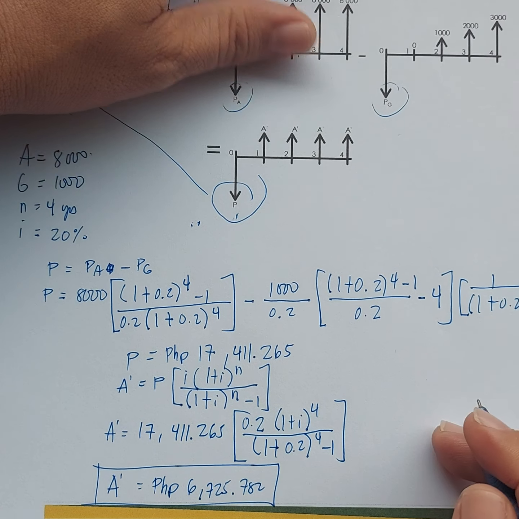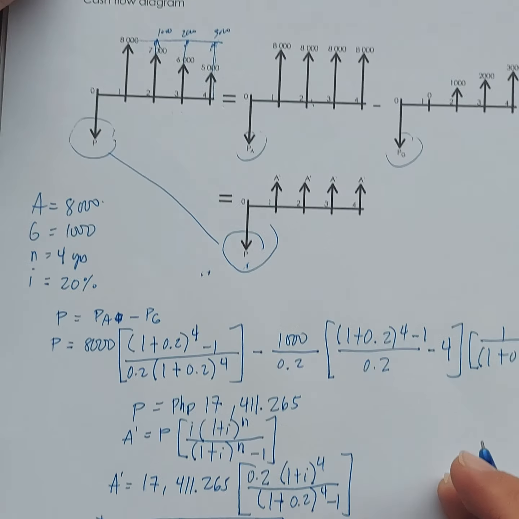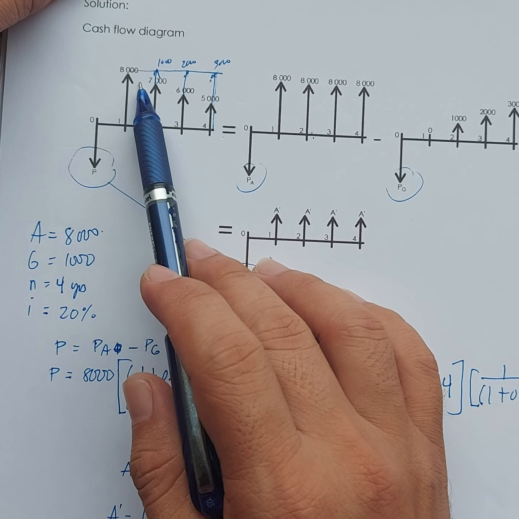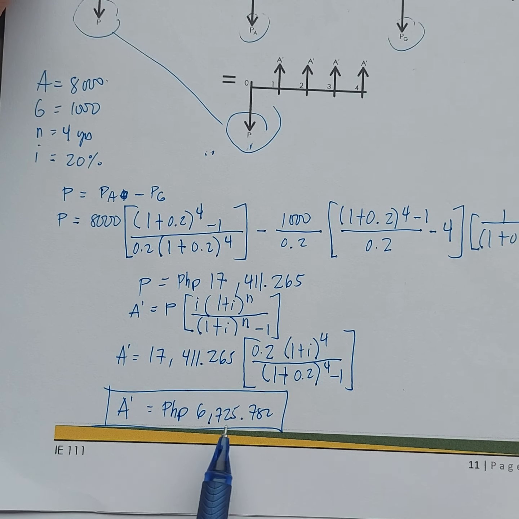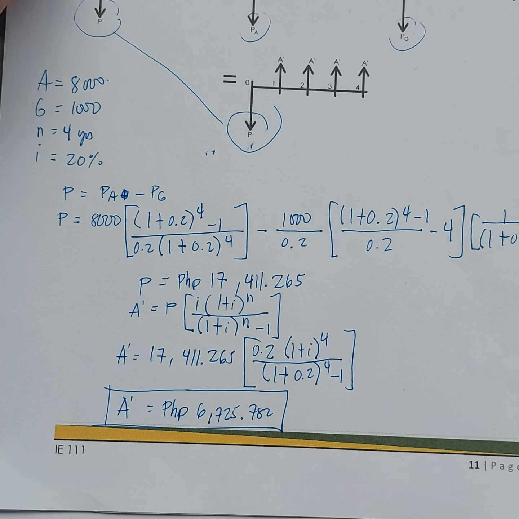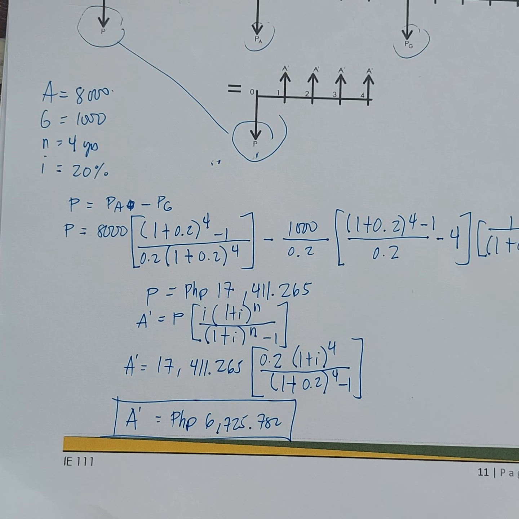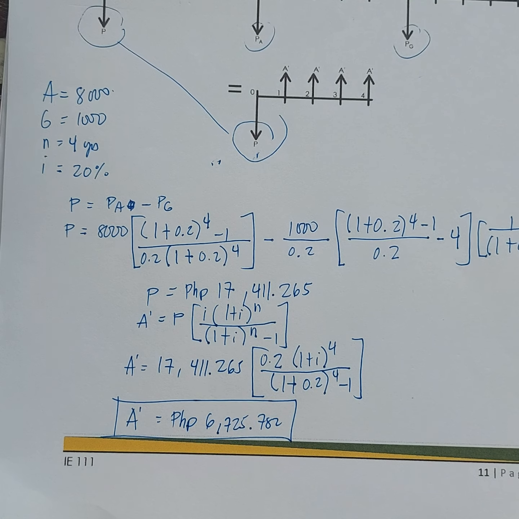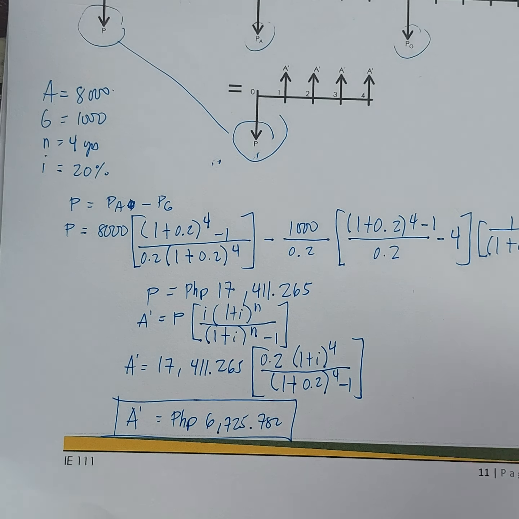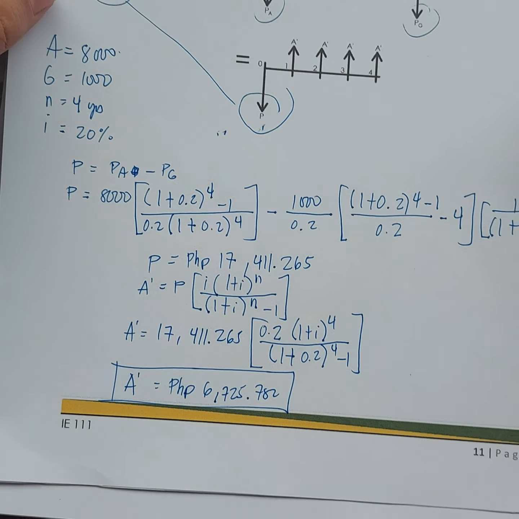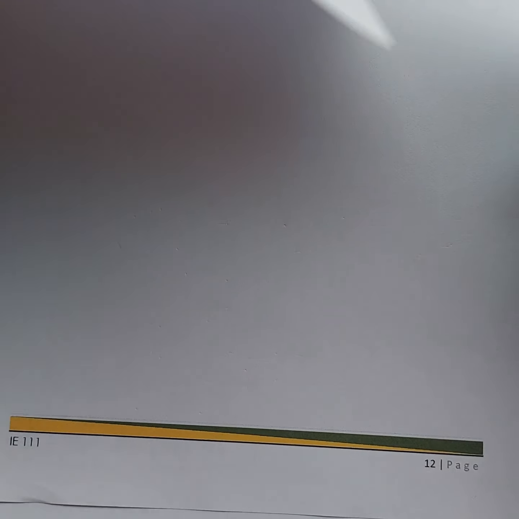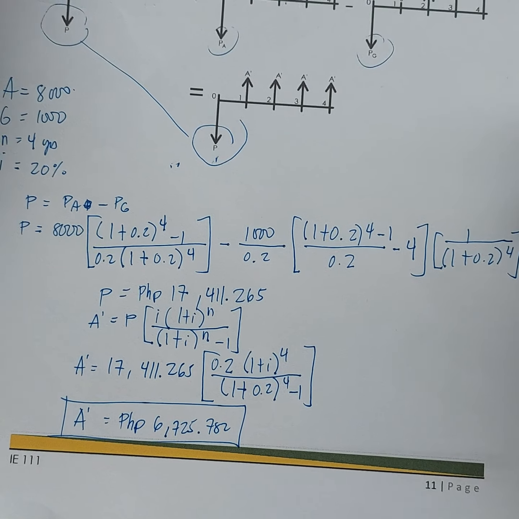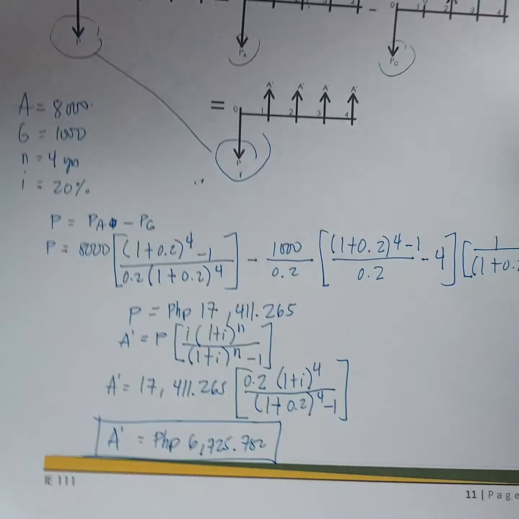So instead of paying these amounts, you can pay this uniformly, annually for 4 years now. Okay, so that is the last topic for chapter 2. The next would be chapter 3. I will be uploading na lang yung module natin for chapter 3.